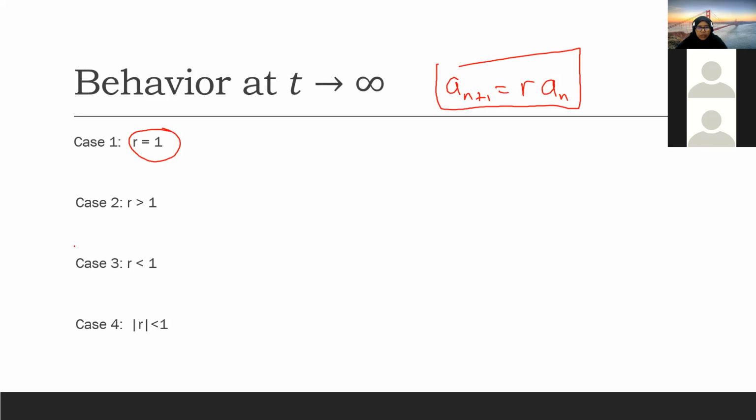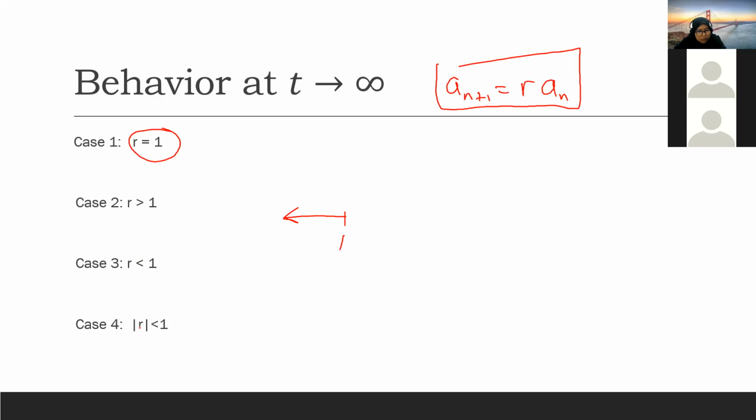Okay, if the rate is bigger than 1, if the rate is less than 1, meaning it can be less than 0, it can also include 0.